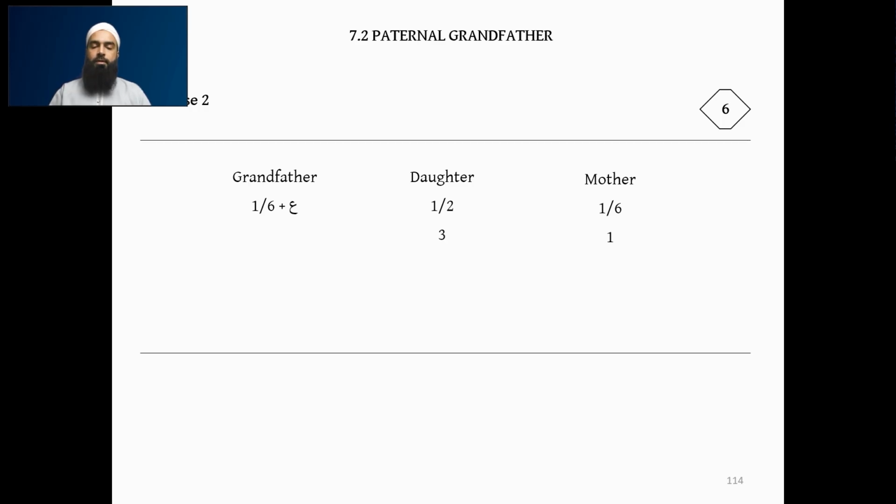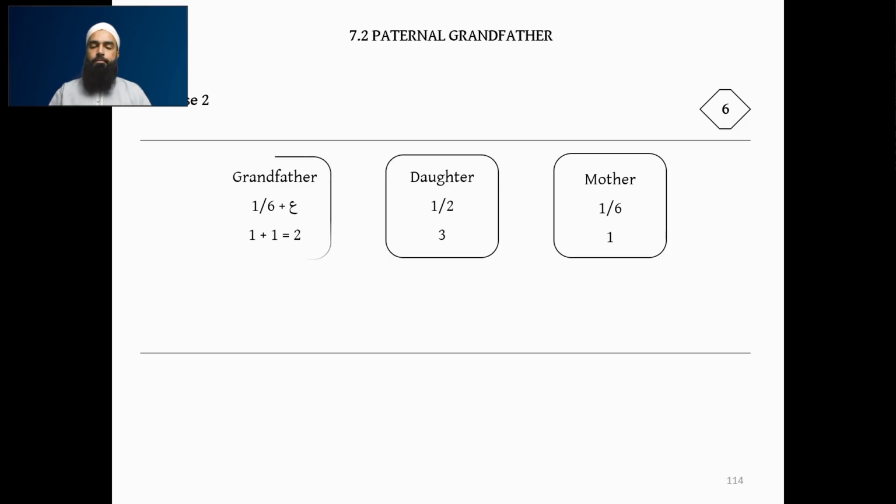So we add it up first to see if there's anything left over. The grandfather's 1 plus the daughter's 3 becomes 4, plus the mother's 1 becomes 5. So we got 1 left over. So we can give grandfather 1 plus 1, equaling 2 total. So this equals our total.